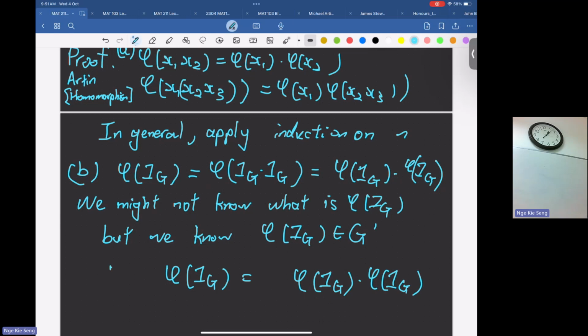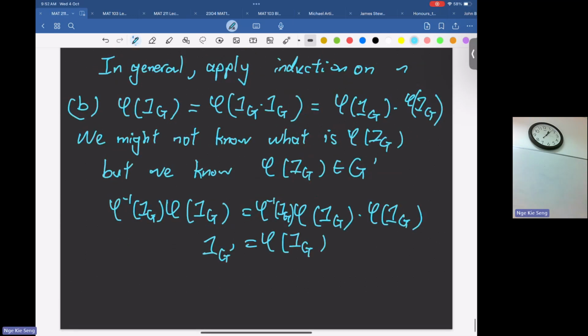We don't know what it is, but there must exist an inverse because phi 1G is in G prime. Then this implies that the identity of G prime must be equal to phi 1G. So whenever you define a homomorphism, if this is not satisfied, then there's no homomorphism anymore. This has to be satisfied if it is a homomorphism.